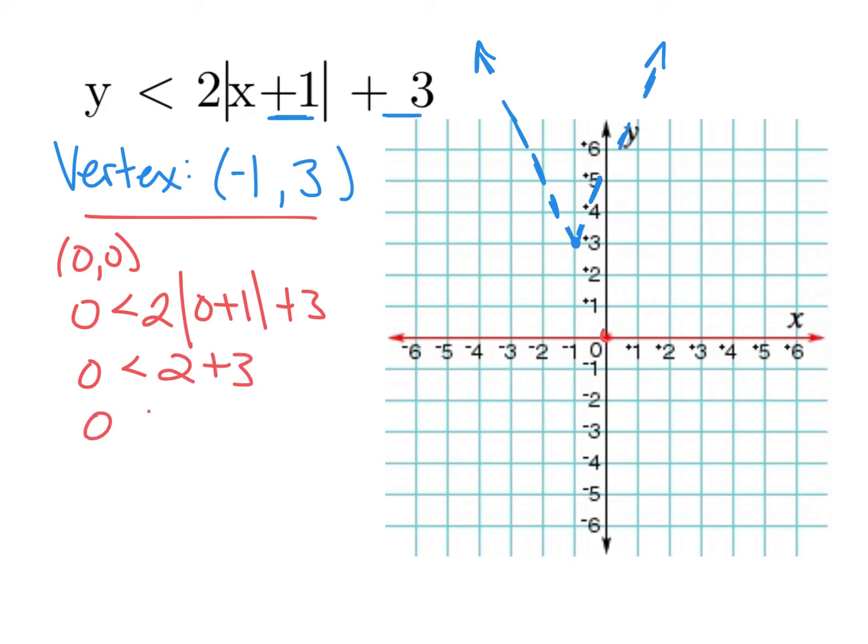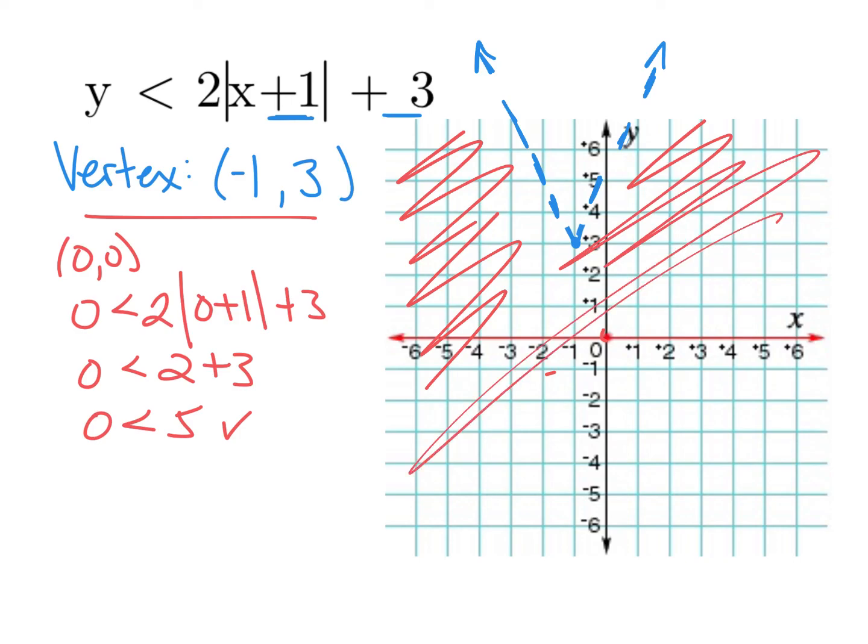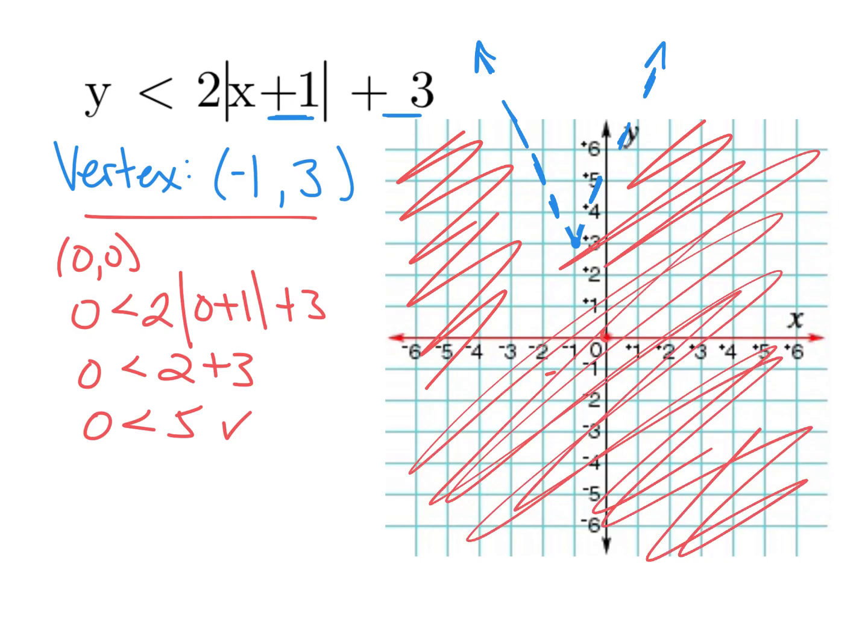And 2 plus 3, of course, is 5. Is 0 less than 5? Sure is. That means that we need to shade on that side of our curve. Which means our graph is going to look like this, with the V opening up, vertex at (-1, 3), and shading outside of that V this time.